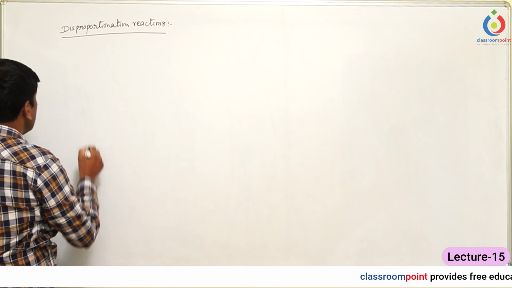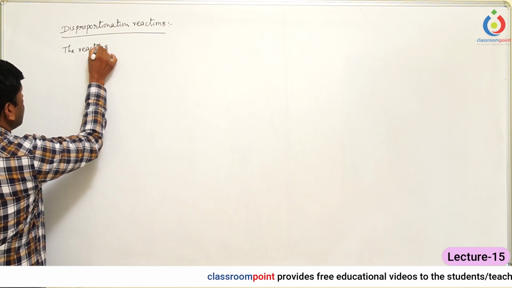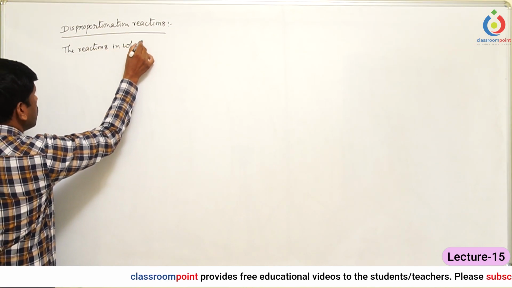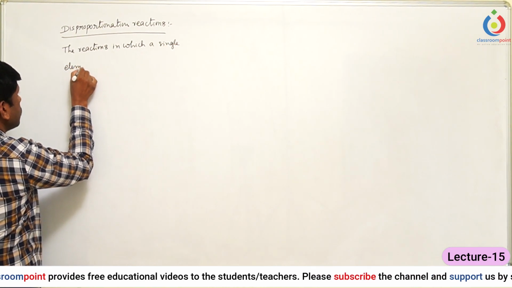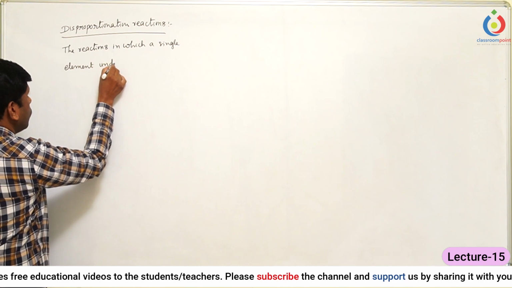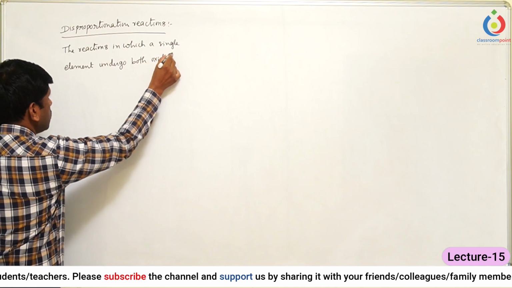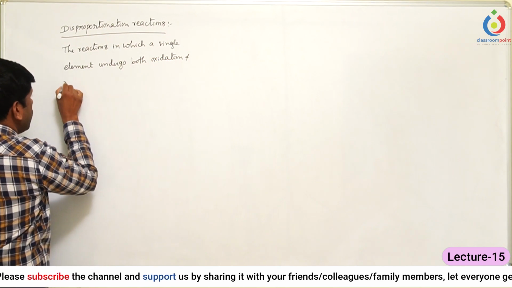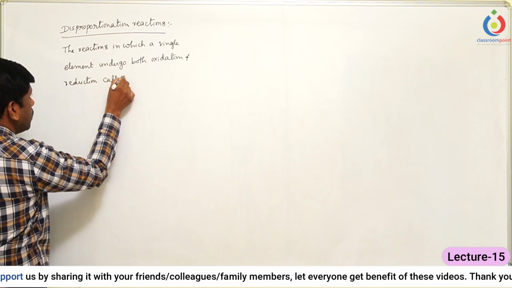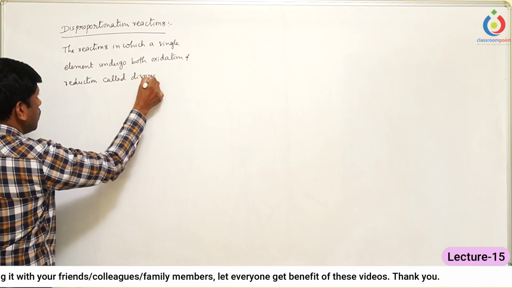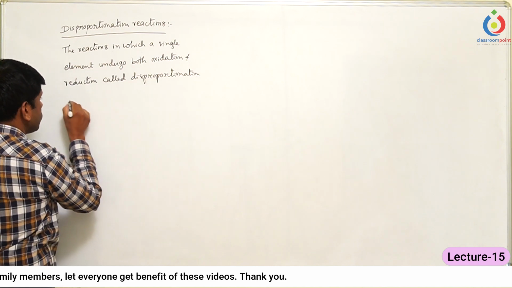The definition is: the reactions in which a single element undergoes both oxidation and reduction are called disproportionation reactions.